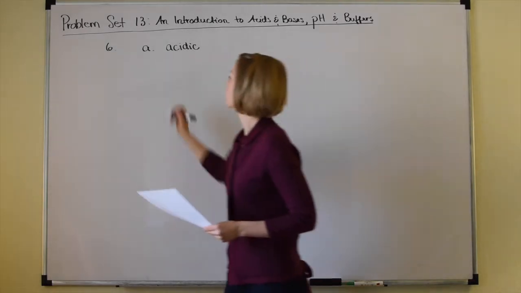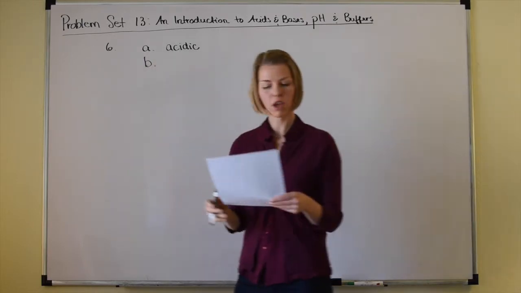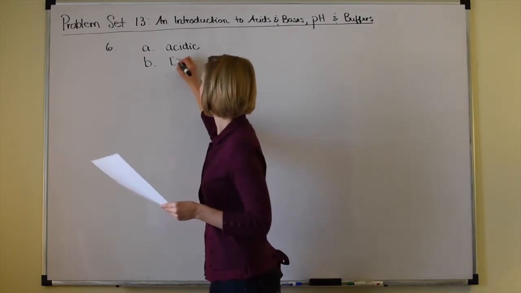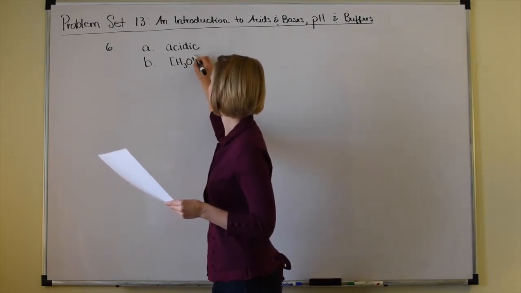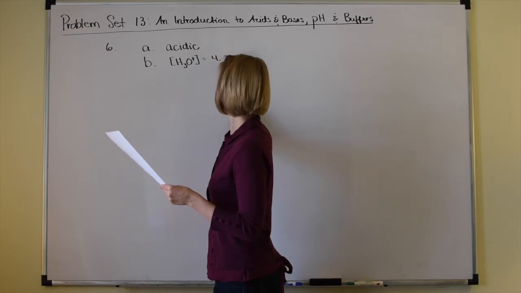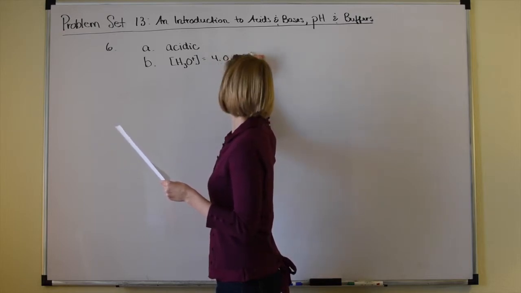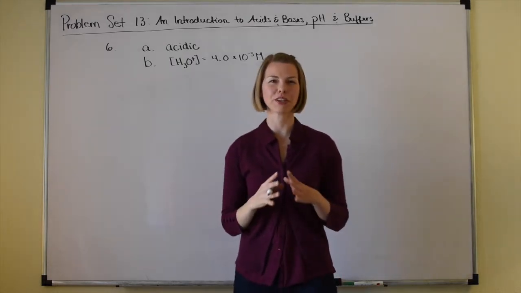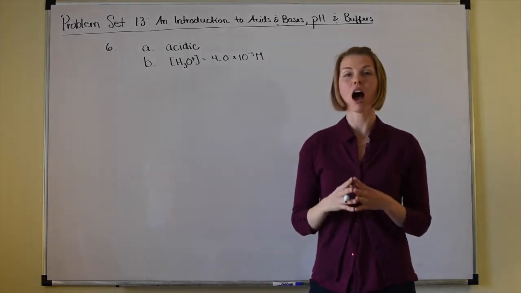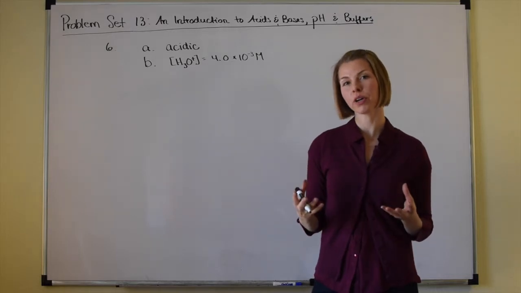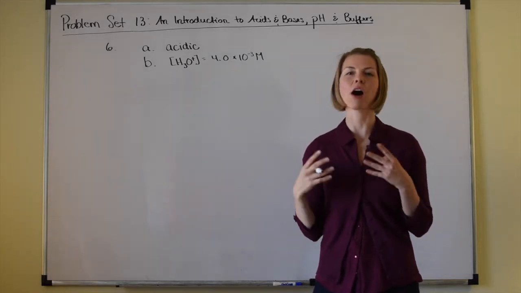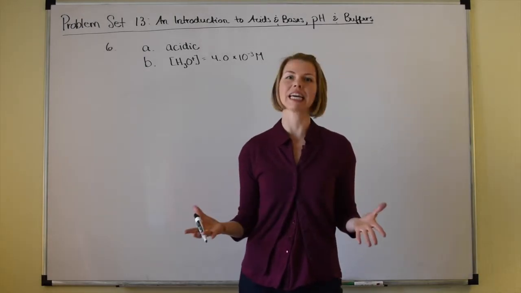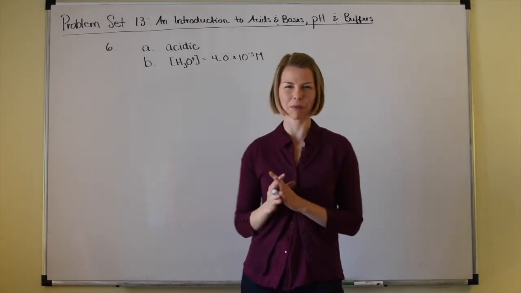B, a vinegar solution with a hydronium ion concentration, that's right, H3O+, concentration of 4.0 times 10 to the negative 3 molar. Now this is the one that I really was hoping you wouldn't need your calculator for. I want you to be able to think through the hydronium ion concentration and how that relates to the pH without actually picking up your calculator and calculating the pH, which would be cheating in this problem.